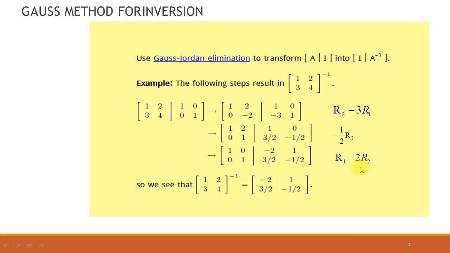Now add minus 2 times R2 to R1, we get 1 0 0 1, and the other matrix will be minus 2 1 and 3 by 2 minus 1 over 2. So [A | I] is transformed to [I | A inverse]. Now this is the identity matrix and this is the inverse of the given matrix A. So the inverse of the given matrix will be minus 2 1, 3 by 2 minus 1 over 2.